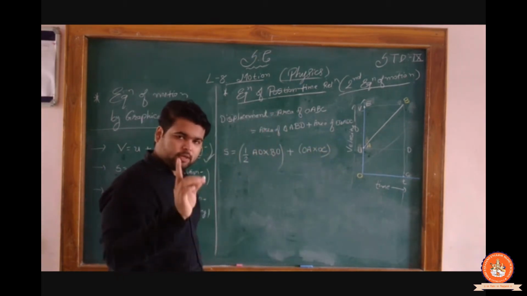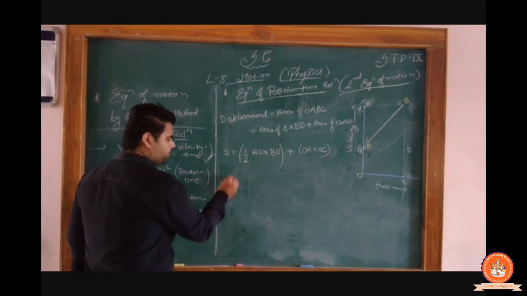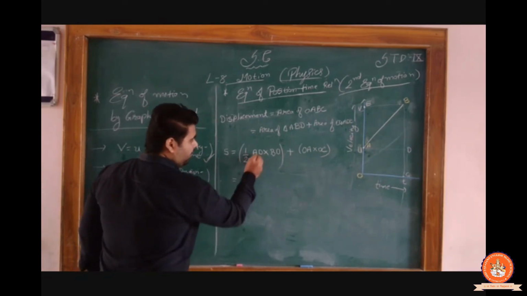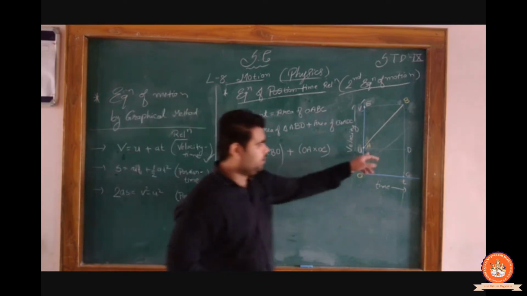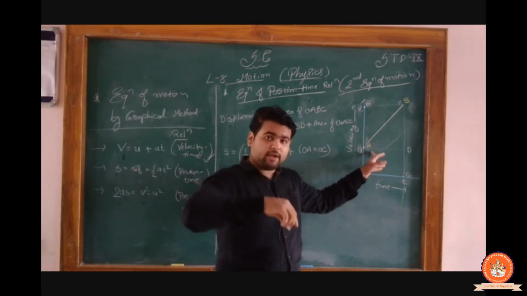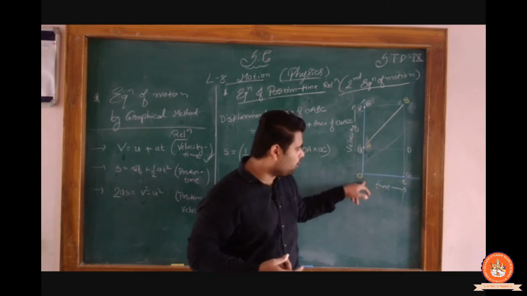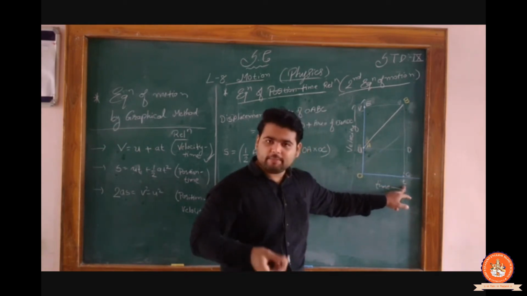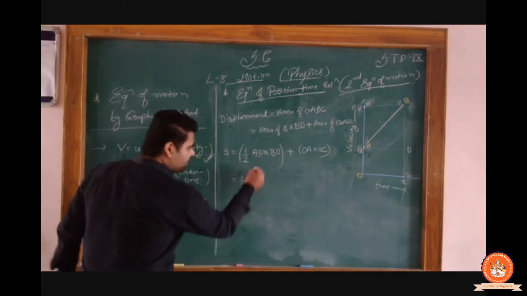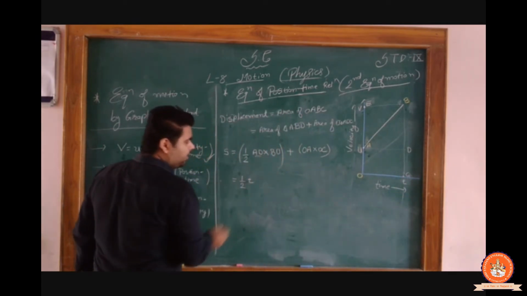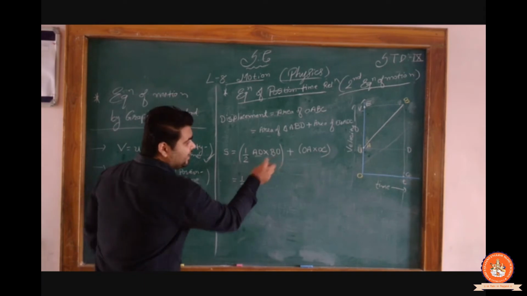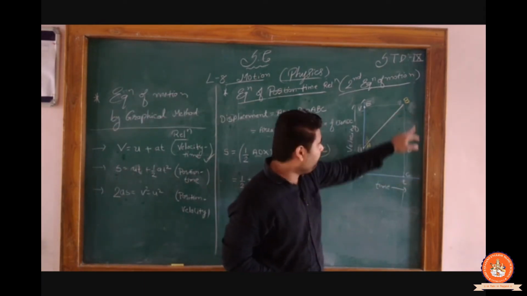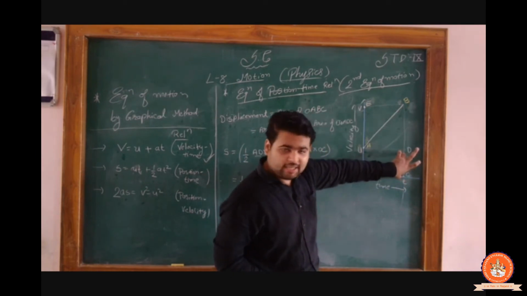Clear, bachawade? Now 1/2 AD means what? In the previous session we had also discussed that AD is parallel to OC. So OC is indicated with t because it's a time graph. So AD stands for t, multiplied by BD. So finding the BD means BC minus DC.